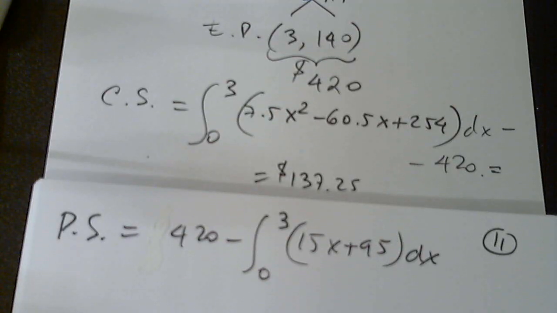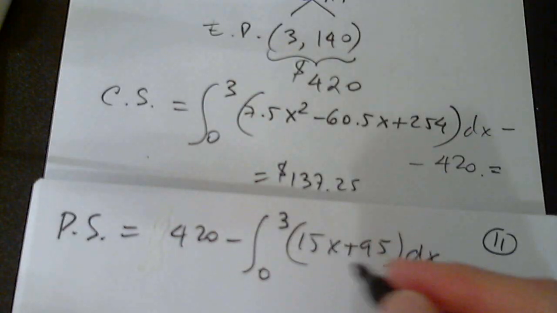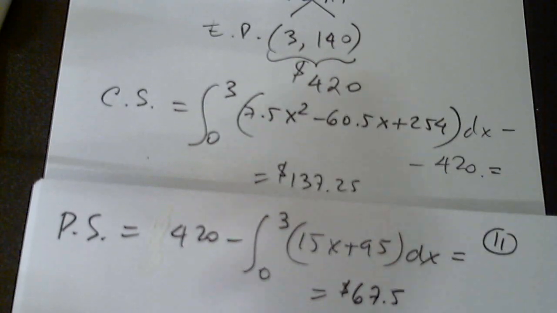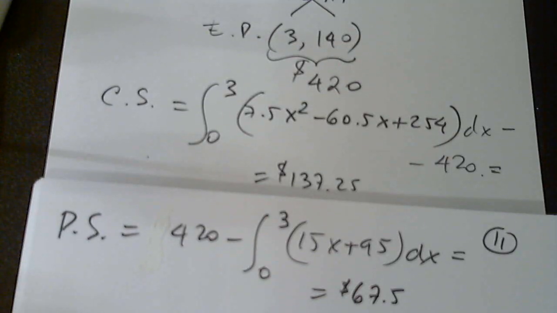And now the other one, the producer surplus from 0 to 3, and from 15x plus 95, sorry, and dx. And this is 67.5. Okay.